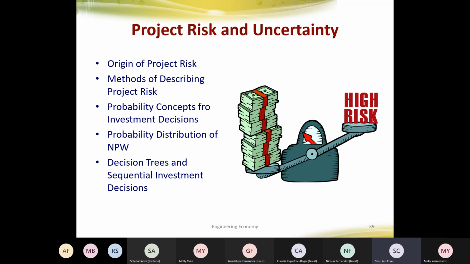The next part will be on project risk and uncertainty, meaning that things could be even more complicated. That is, we don't deal with deterministic numbers. Like in the future, we cannot really say that it's one way or another. For example, I can say, oh yeah, next year I think the market demand will be at a certain number, but for sure it will not be that number.